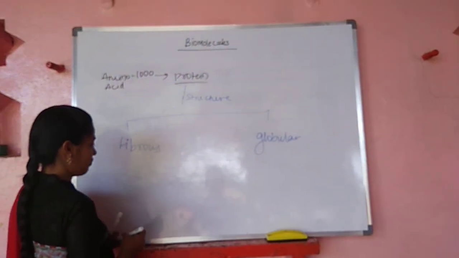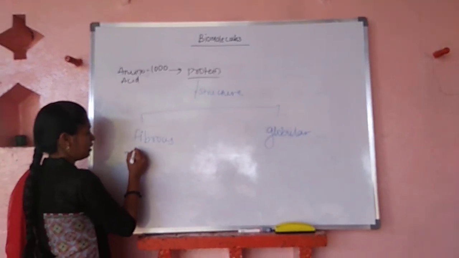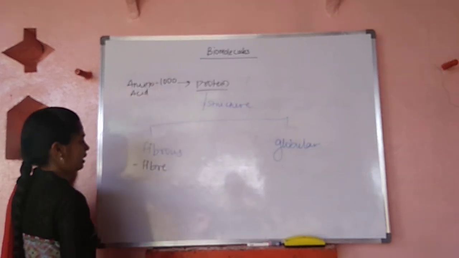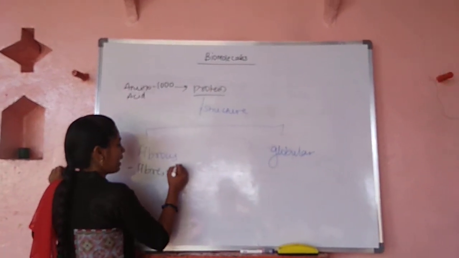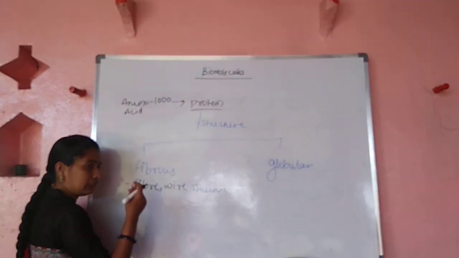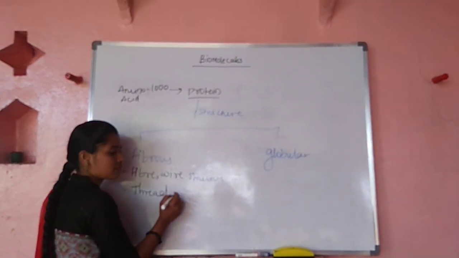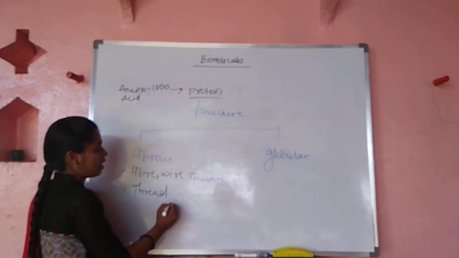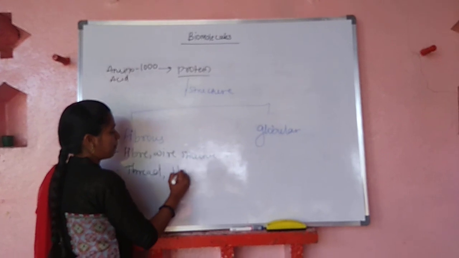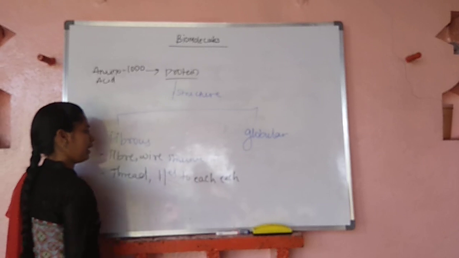So the proteins which are fiber like, having a structure like a fiber, wire like, thread like structure, and the linkages formed by amino acids in those threads are parallel to each other.